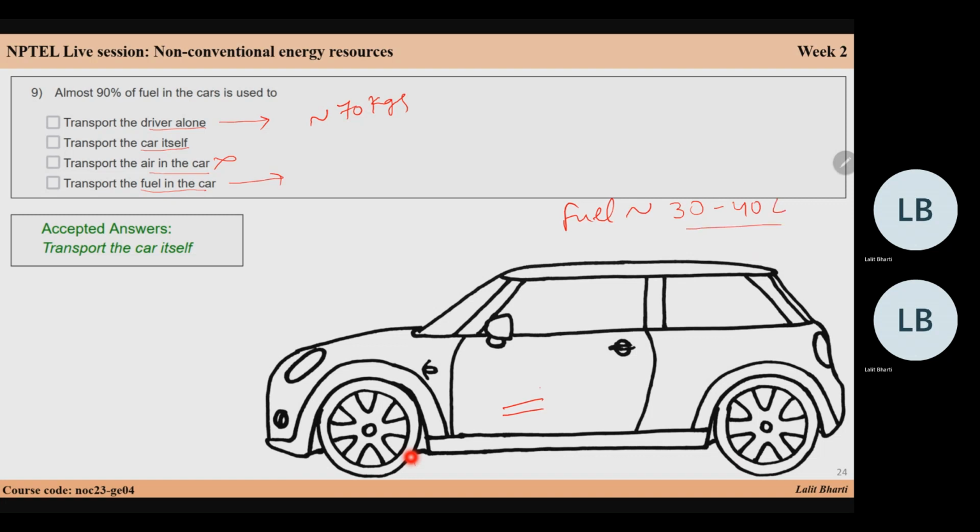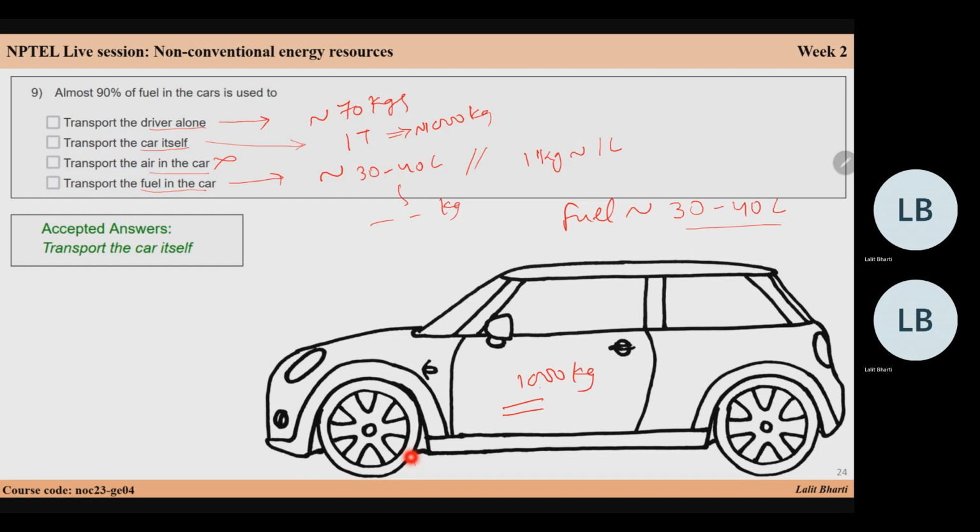So the mass is similar, around 30 to 40 liters, or if we consider 1 kg as equal to 1 liter, then it is around similar in kg. And the mass, or the weight, of the car itself comes around 1 ton, or around 1000 kg.